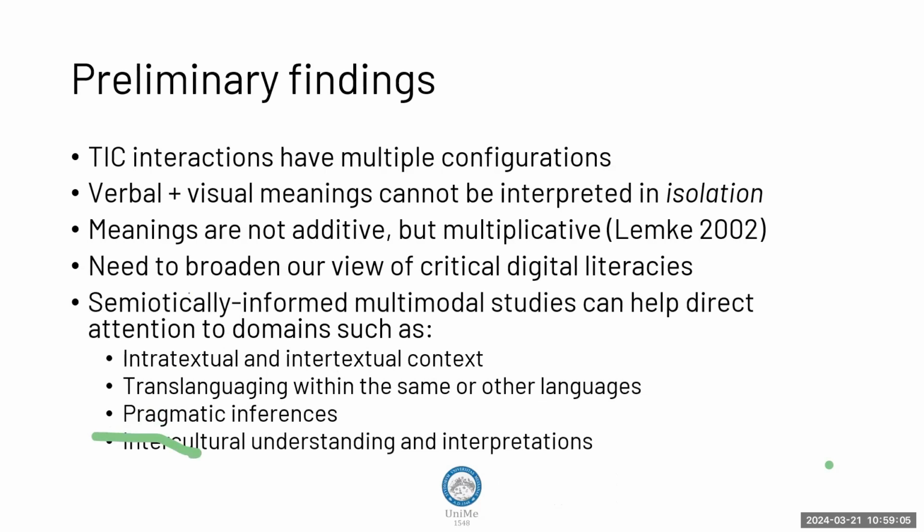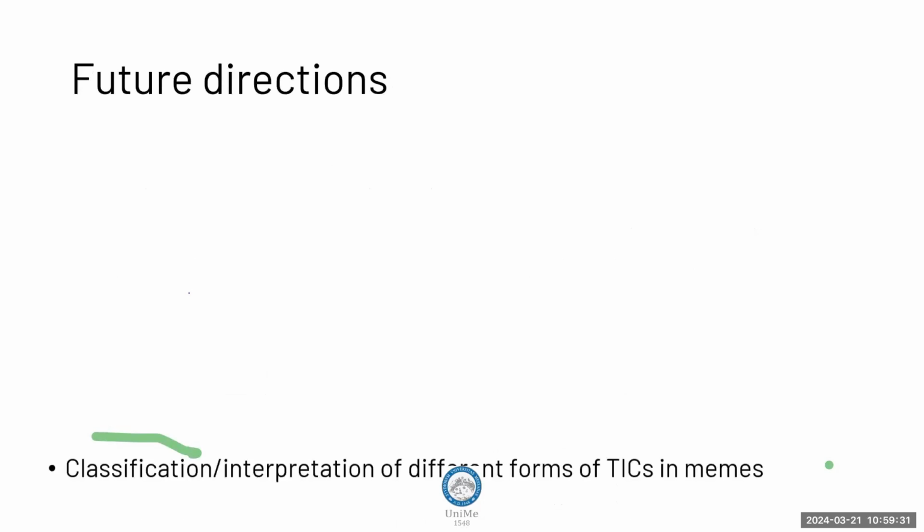So semiotically informed multimodal studies, in my opinion at least, can help direct attention to domains such as intratextual and intertextual context, languaging within the same or other languages, how the mix of different languages impacts the overall meaning, pragmatic inferences, and intercultural understanding and interpretations.